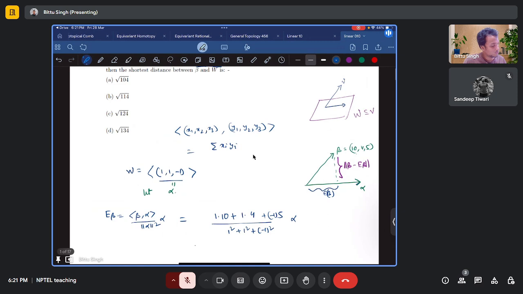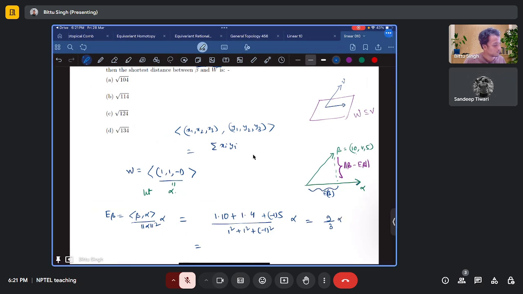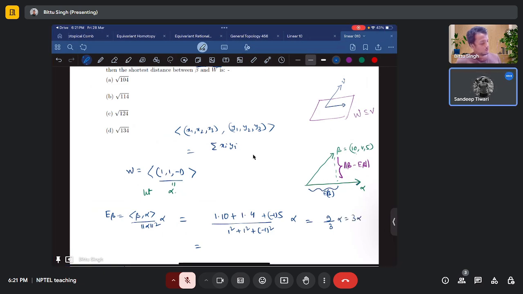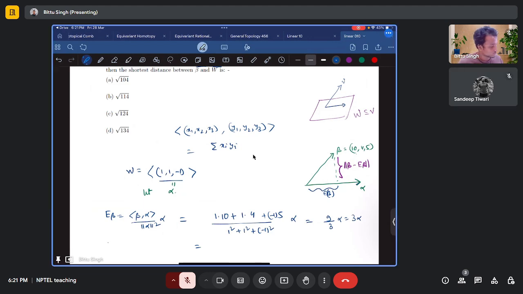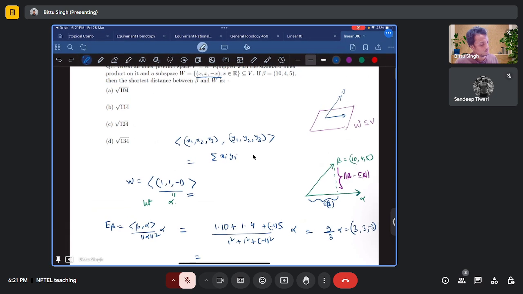This is 9 by 3 alpha, that is 3 alpha. Explicitly, 3 alpha is 3, 3, minus 3.